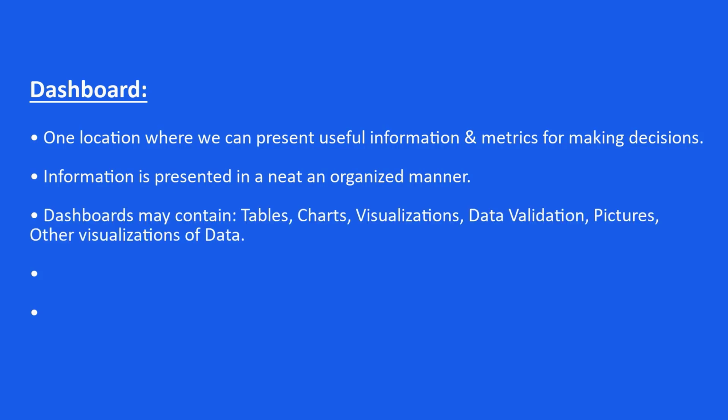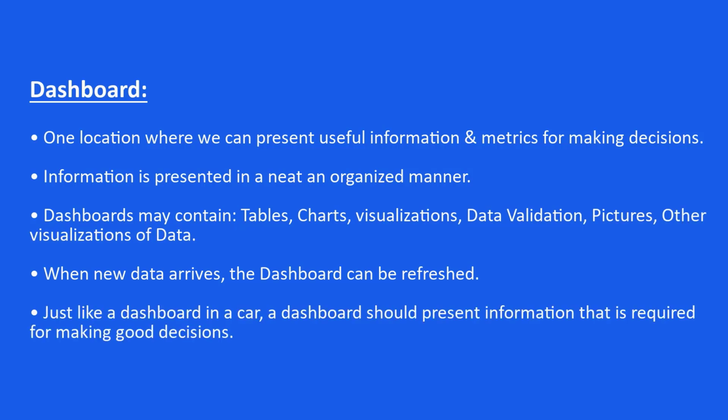We can have tables, charts, visualizations, data validation, pictures, and whatever else you want. And very importantly, when new data arrives, the dashboard can be refreshed. We all know what a dashboard is. If you've ever been in a car, that dashboard in the car is helping you to make good decisions.